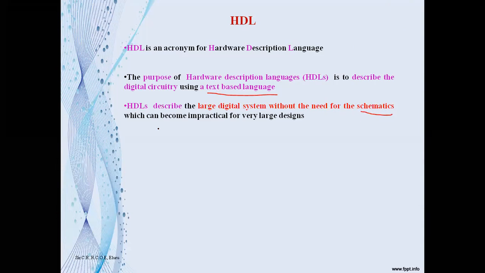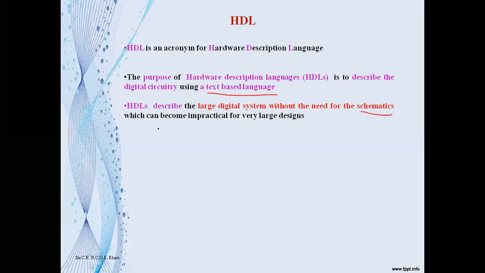With schematics, we can easily design such systems. Whereas if you want to design a large or complex digital system, we cannot describe the system with the help of schematics.